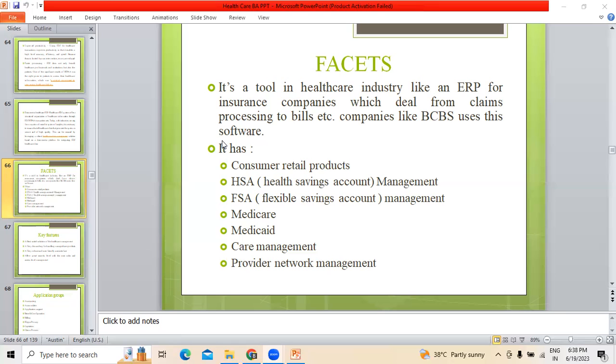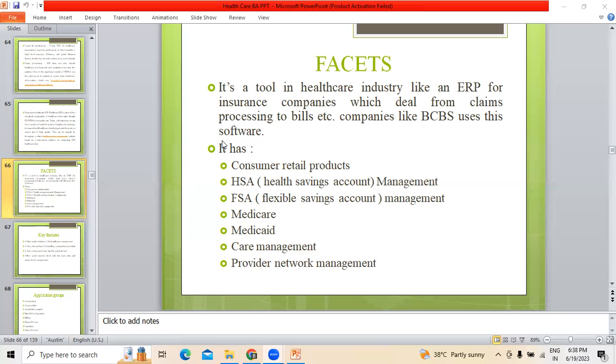The forms they send are different things, because last time we also discussed, right? 275 could be 277, could be 835, 837, etc. Different forms, which are differentiated in three things. Procedure codes will be separate, diagnosis codes will be separate, and finally claim codes will be separate.